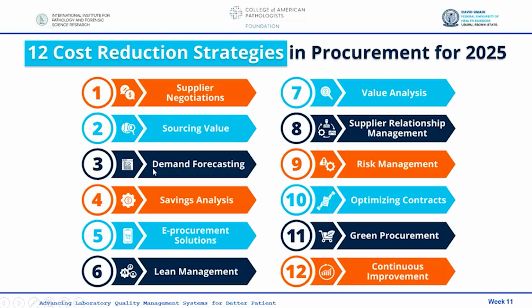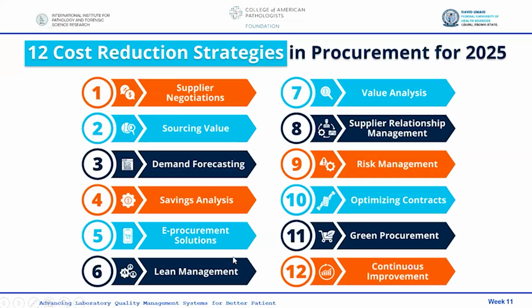So these are the cost reduction strategies: supplier negotiations, sourcing value. Okay, it's not just about the immediate costs, it's about value. Then demand forecasting, saving analysis, e-procurement solutions. I've mentioned it before. Okay, lean management. Remember our last lecture on lean management in process optimization is about reducing your processes down to the most important.